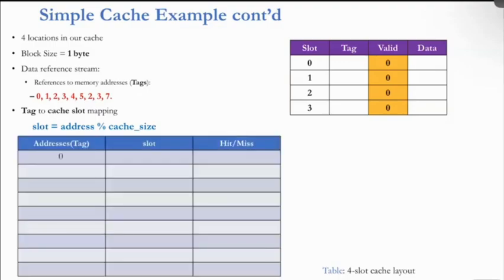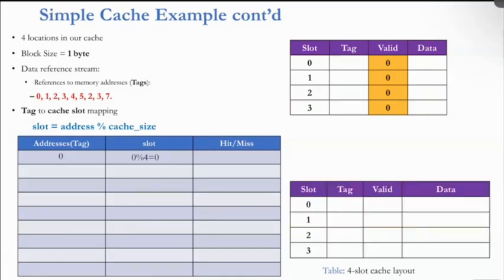So for the 0th block, which slot is assigned in the cache memory? The block address modulo the size, that is 0 modulo 4 equals 0, so the 0th slot is assigned.